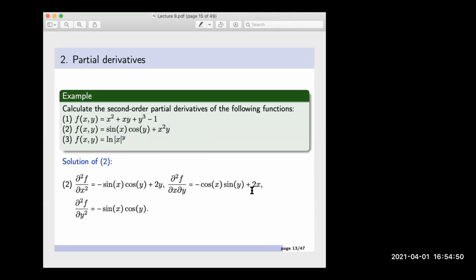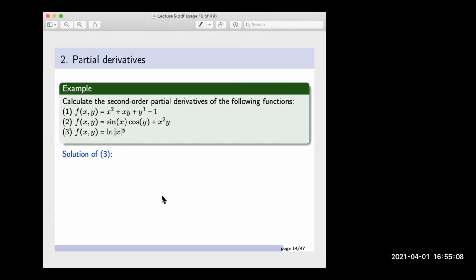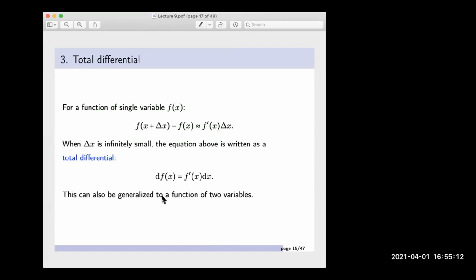So you just take a partial derivative and then take another partial derivative to get the second order partial derivative. Again, the third question is left for yourself. I didn't write the answer here this time. You should find out the answer.